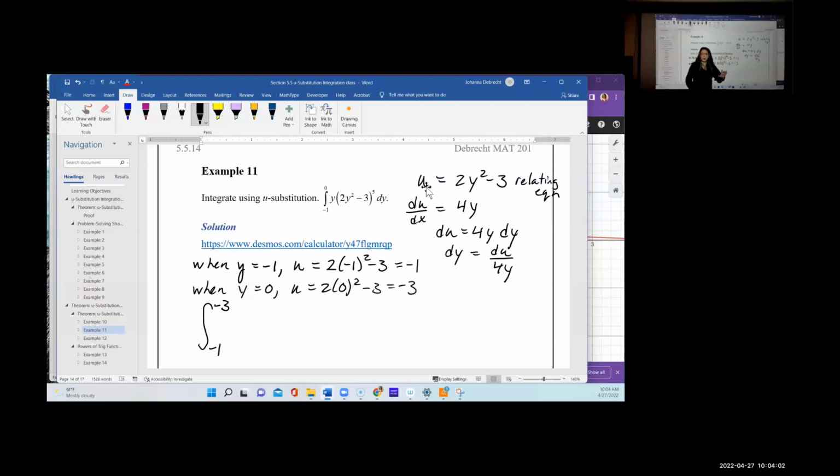If you switch them up, what's going to happen to your answer? Is it going to be completely wrong and you have to totally start over at the beginning? What happens? Think about what happens when you switch the limits of integration.